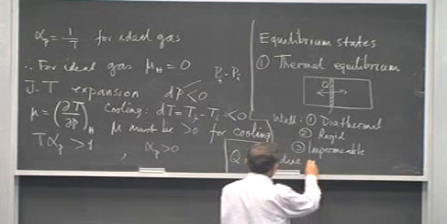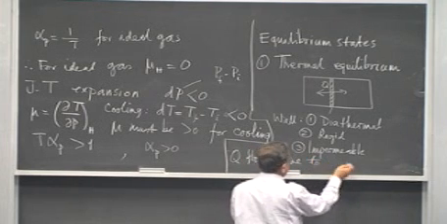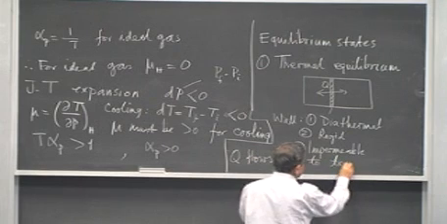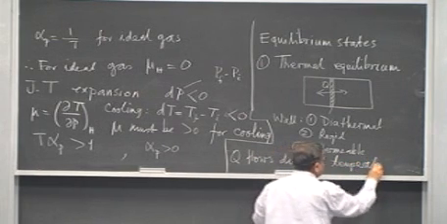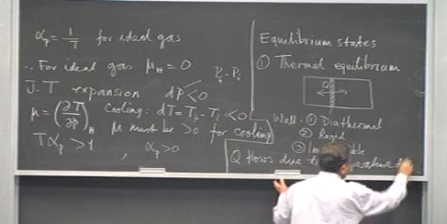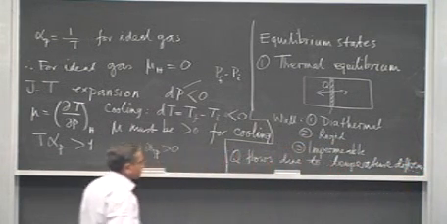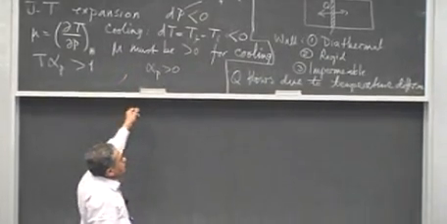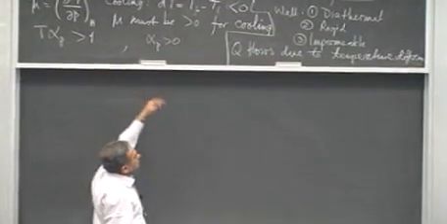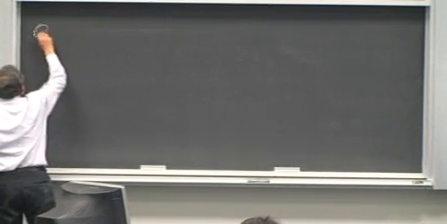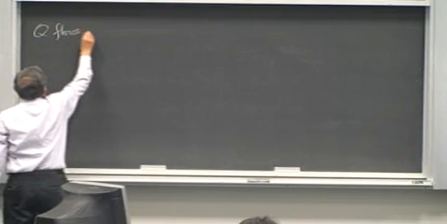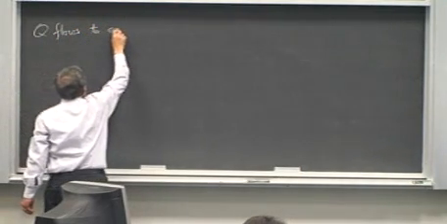Heat can flow only if there is a temperature difference. If there is no temperature difference, heat cannot flow. And when the heat flows between the two systems because of temperature difference, it flows to equate temperatures.